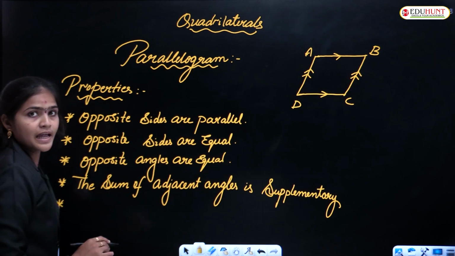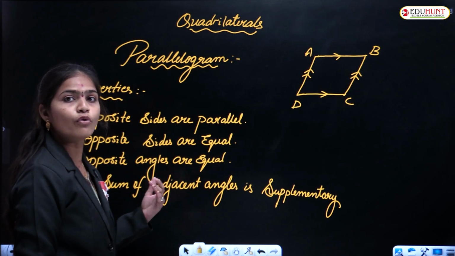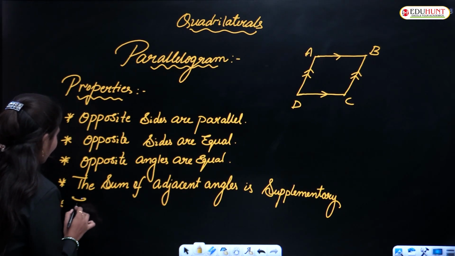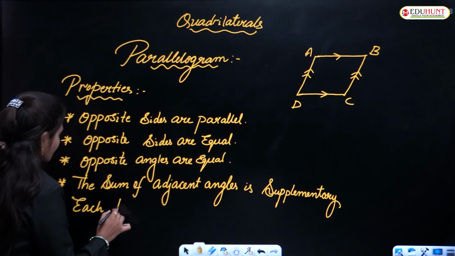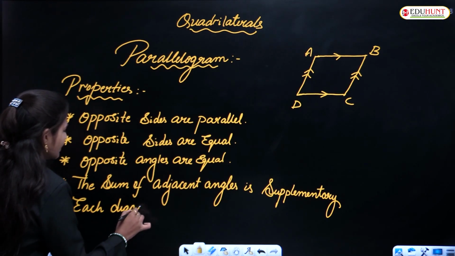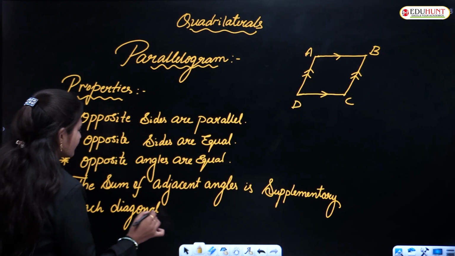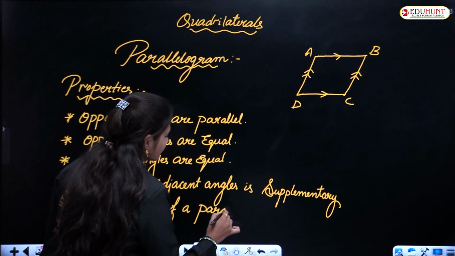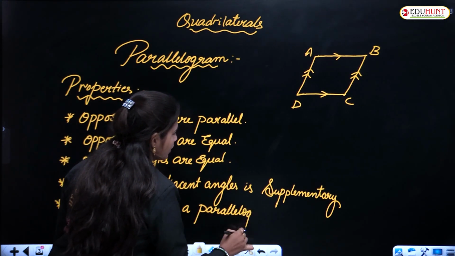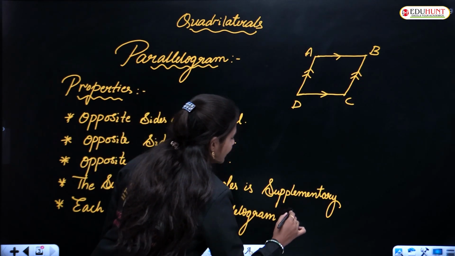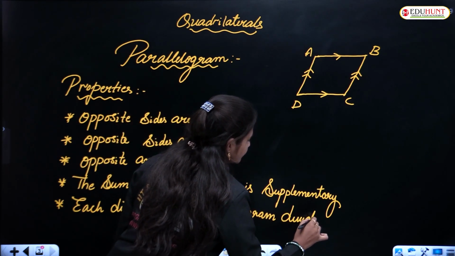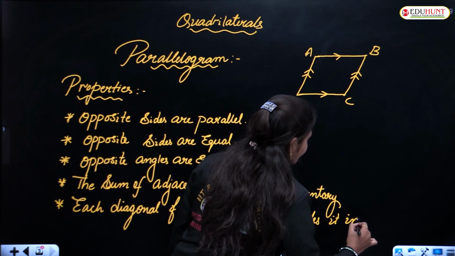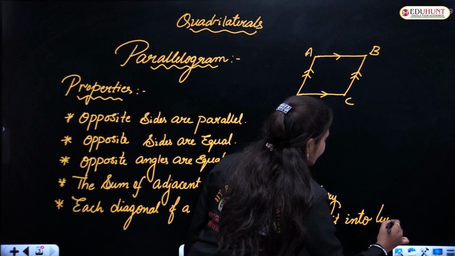Next, I will explain each and every property, but first let us see what the properties are. The next one is that each diagonal of a parallelogram divides it into two congruent triangles.